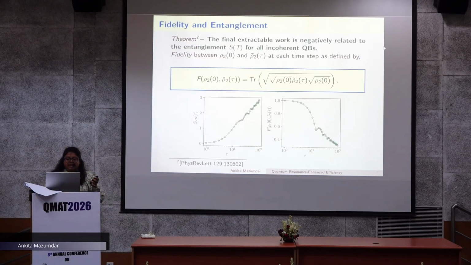You can see that the system is completely mixed, and I want to emphasize that the von Neumann entropy shows initial superlinear growth, followed by a logarithmic one to saturate at the maximum value. And the fidelity is also falling. So the system is not pure, but it is completely mixed.